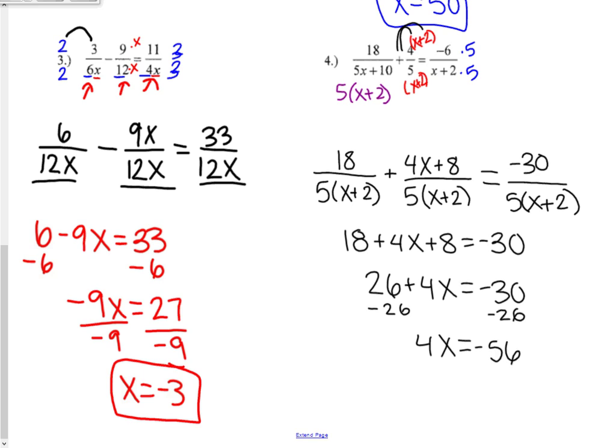So last but not least, we're going to divide both sides by 4 to get x by itself. So x equals negative 14. Check and make sure it doesn't make any of my denominators equal to 0. So I'm done with x equals negative 14.